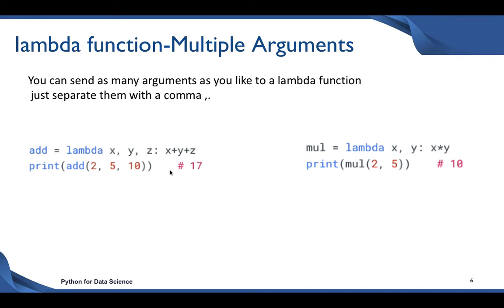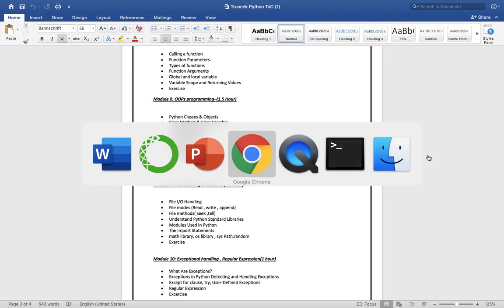Then we can also send as many arguments as we like in the lambda function, just separate them with a comma. For example, we wanted to add 3 numbers, so we have passed 3 arguments, that is x comma y comma z, and by adding these 3 numbers we get the result as 17. Similarly, if we wanted to multiply 2 numbers, x into y, we pass 2 arguments and we get a result, right?